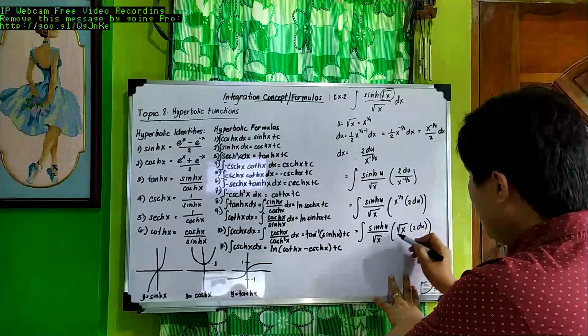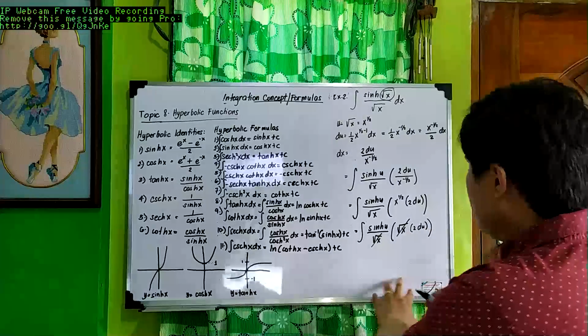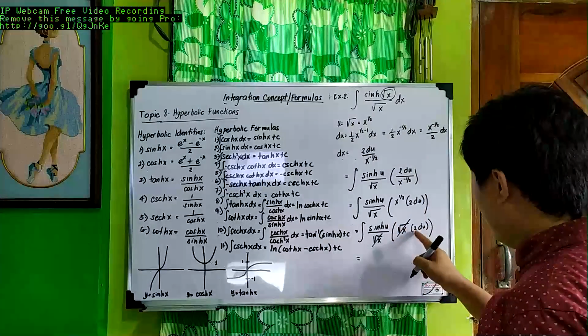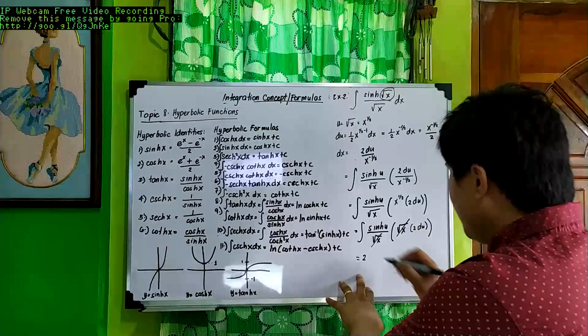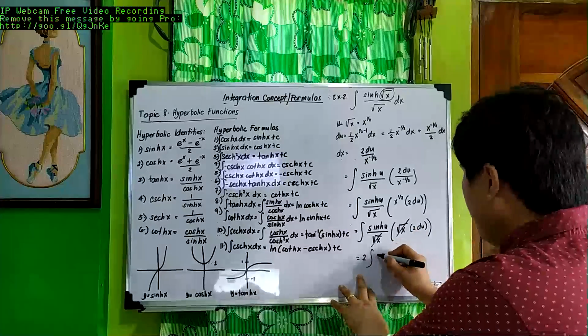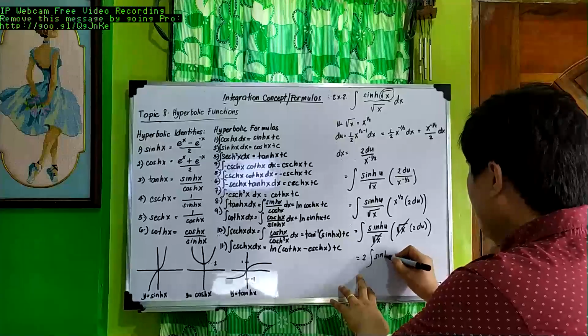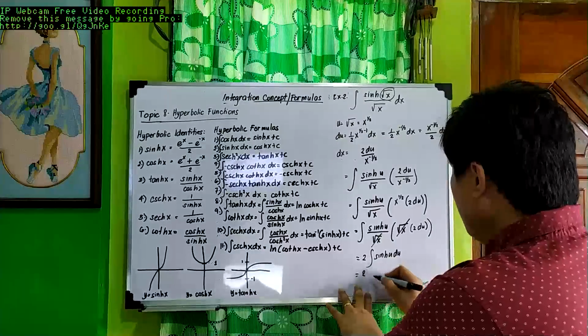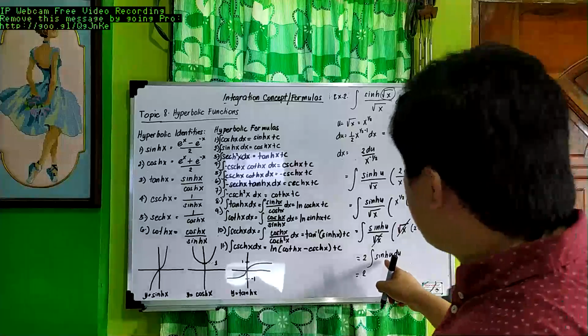Then numerator, denominator, we could cancel. So what remains is this one and this one. And 2 is a constant. We could move it outside the integral sign. So what remains is sine hyperbolic u du. Then we have 2. What is the integral of sine hyperbolic u du?